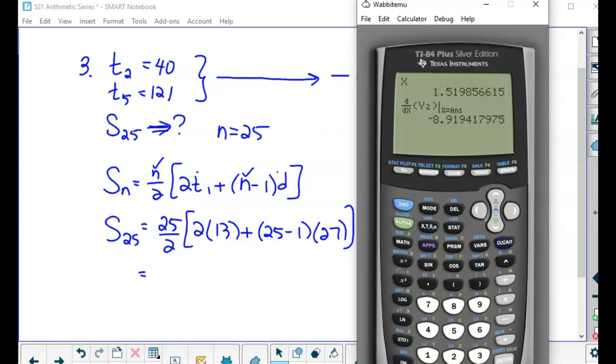I would probably do the inside part in 2 steps. I'd go 2 times 13 plus, do 25 minus 1 in your head, 24 times 27 is 674.